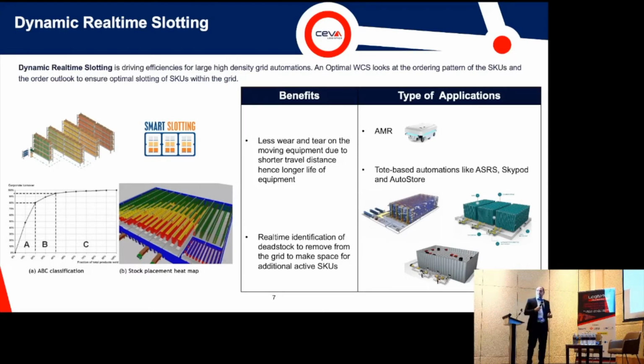And of course, one of the key things, if the WCS offers this, is that you can identify in real time the profile of the SKU sitting in there. As I said, we don't want dead SKUs in there. There is no use for putting a dead SKU in a very expensive storage medium, right? You also want to look at, for example, if something is running super fast, like you are selling 3 or 4 pallets a day of it, that's also not suitable for your automation because it will kill your robots.